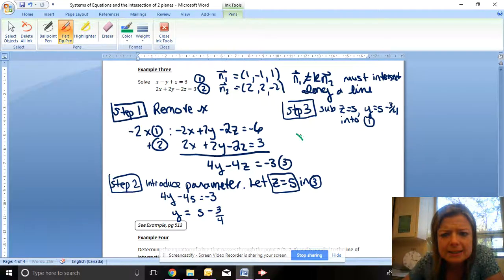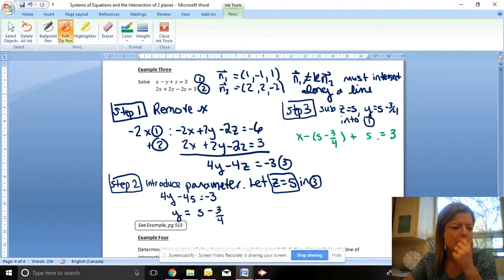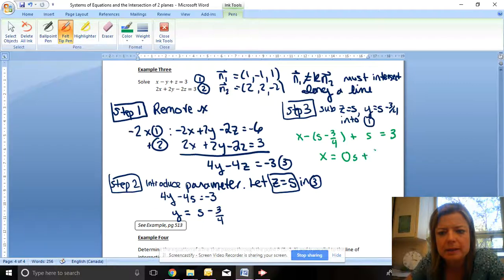So you get x minus (s minus 3/4) plus s equals 3. Now we can rearrange x in terms of s and numbers. When we do this, s actually goes away, which doesn't have to happen, but in this case it does. So we get 0s plus 9/4, or just 9/4.